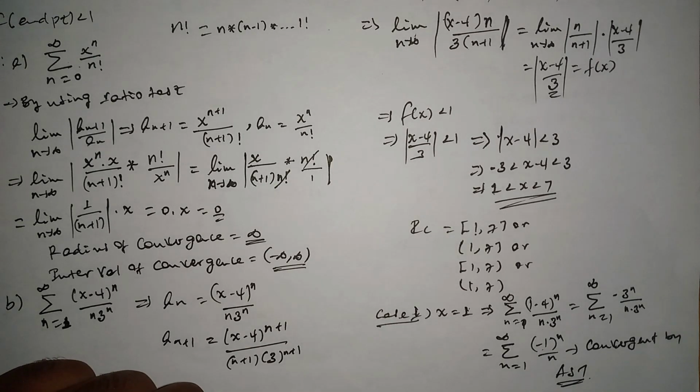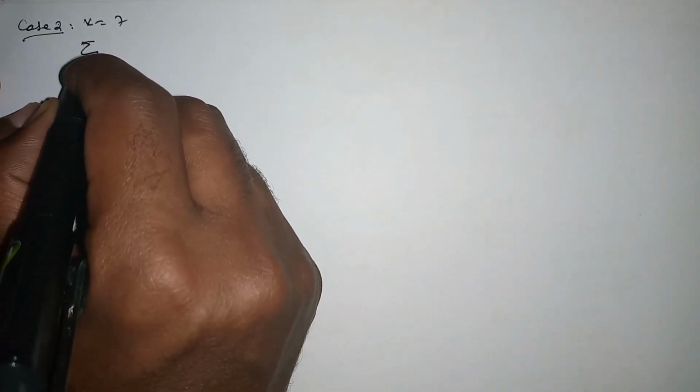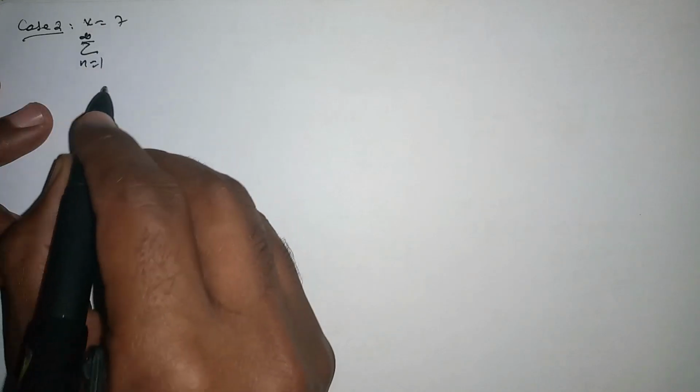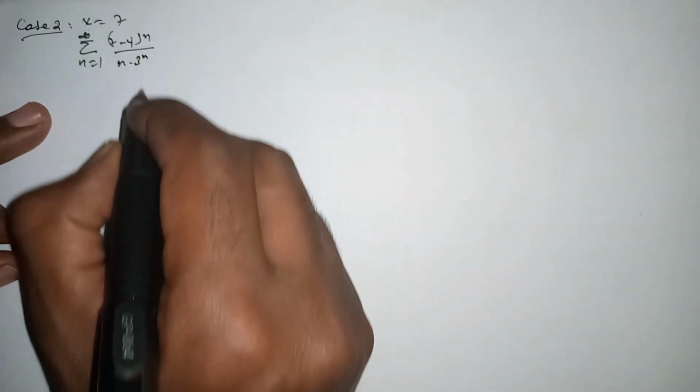Another case is case 2, when x equals the second endpoint, 7. Then our power series equals the summation from n equals 1 to infinity of (7 minus 4) raised to n over n times 3 to the power of n.